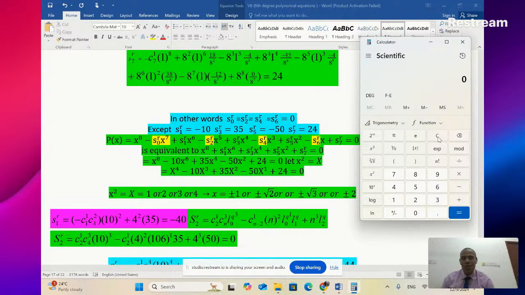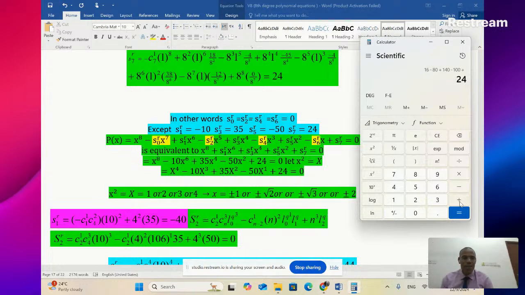We have 2 raised to the power 4, which is 16, minus 10 multiplied by 8, minus 80, because 2 cubed is 8, plus 35 multiplied by 4, because 2 squared is 4, which is 140, then minus 50 multiplied by 2, which is minus 100, plus 24.